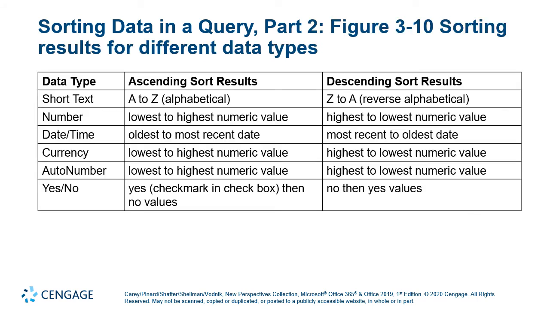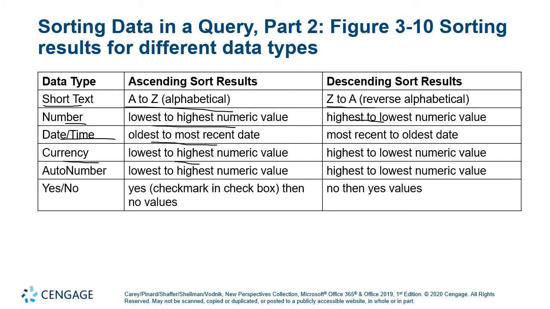When you do that, you need to know that if you sort based on certain fields, then if the field is short text, the sorting order is either A to Z or Z to A alphabetically. If it's a number, it's based on their value, ascending or descending. Date time: ascending is oldest to the most recent, descending is the other way.